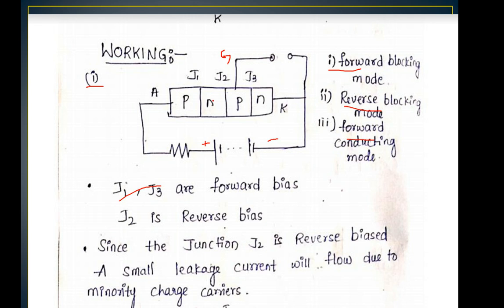Since junction 2 is in reverse bias, a small leakage current will flow due to the minority charge carriers. So in forward blocking mode, anode is connected to positive and cathode is connected to negative.